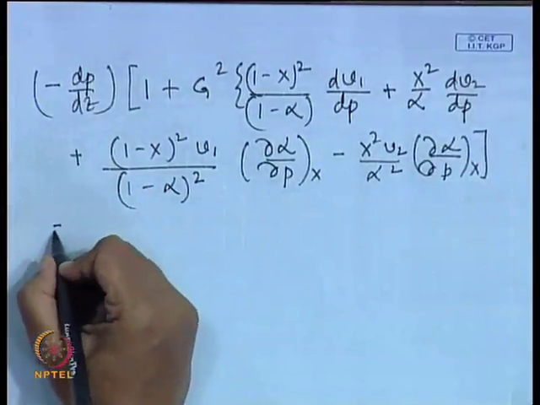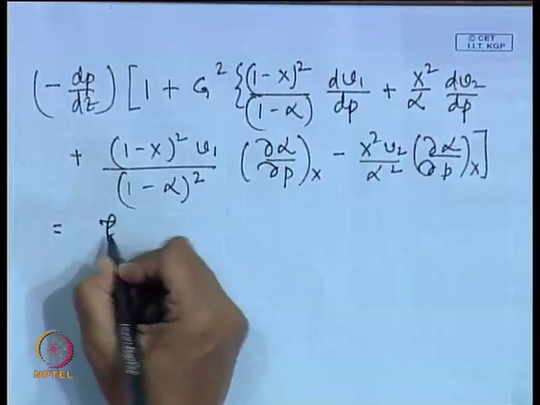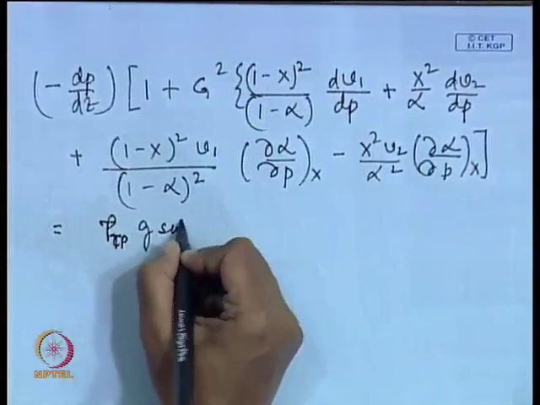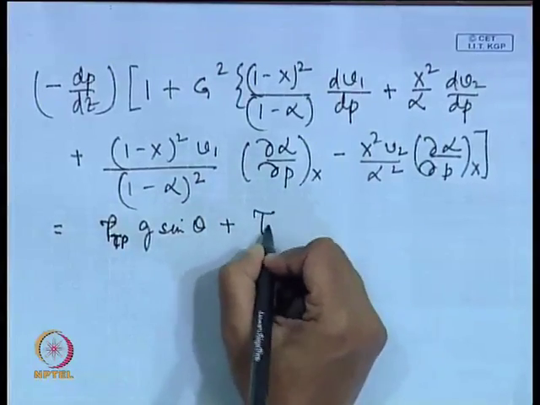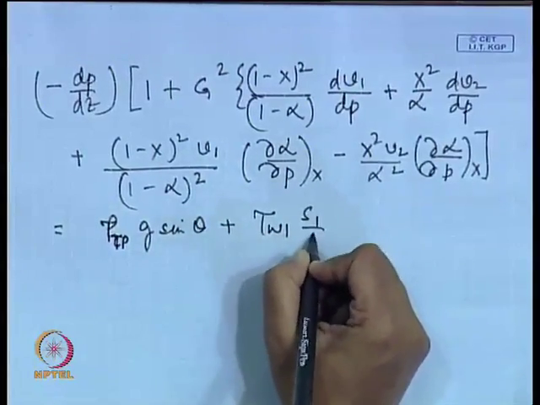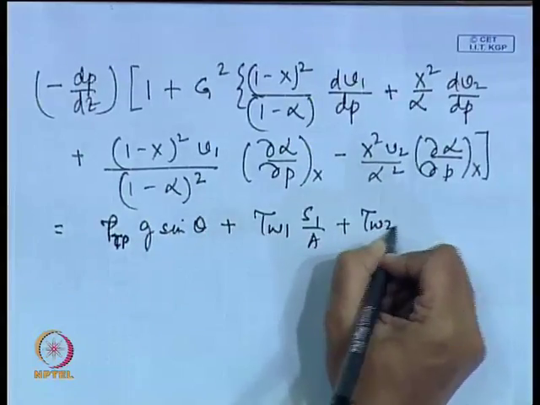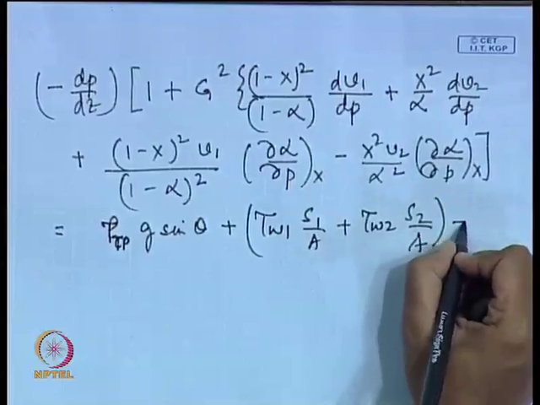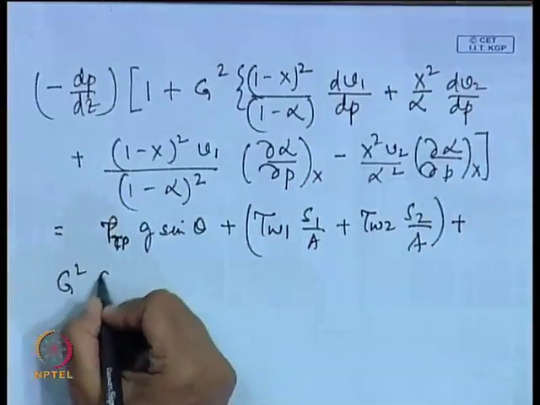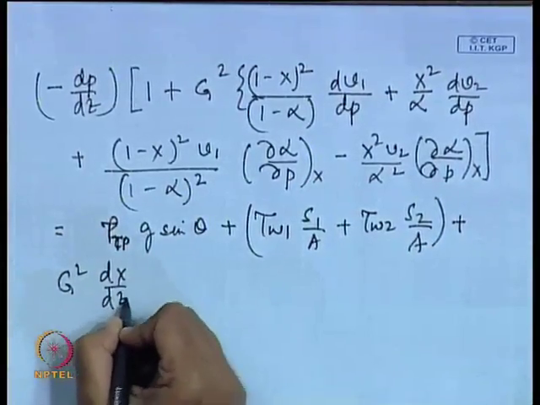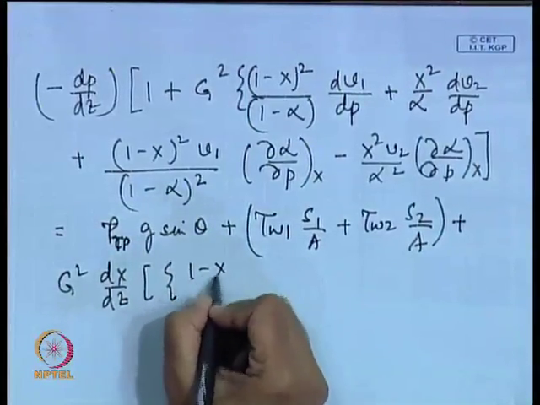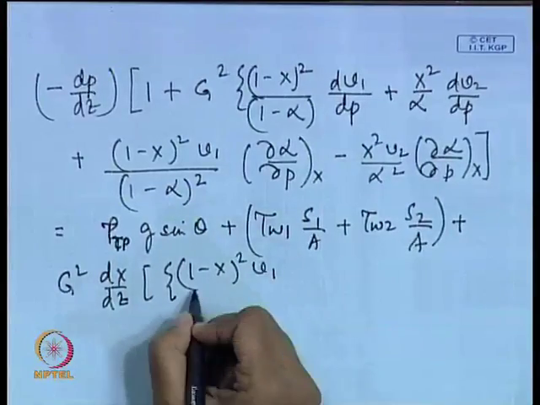This whole thing is again equal to rho T p g sin theta plus the frictional component of it plus g square dx dz, because all the other terms contain dx dz, 1 minus x whole square v 1.